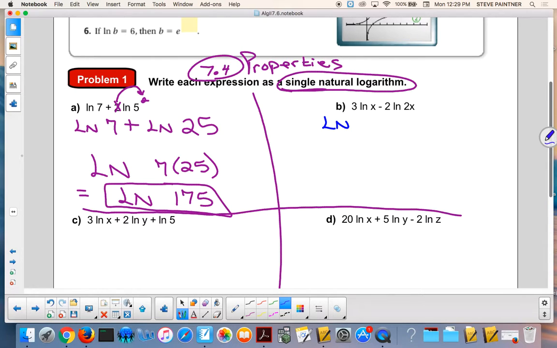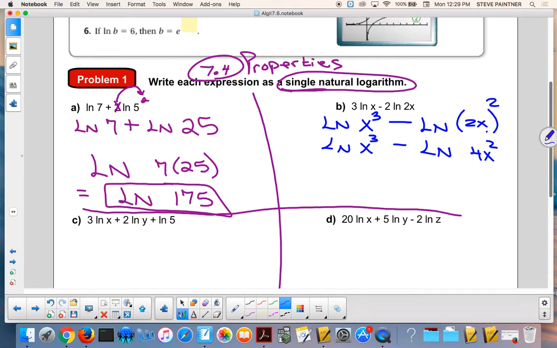So I do 3 times natural log of x, which is really x cubed, minus the natural log of what? 2x to the second, right? All right. Now, to me, this 2x squared is really just what? 4x squared, yep. 2x times 2x is 4x squared.